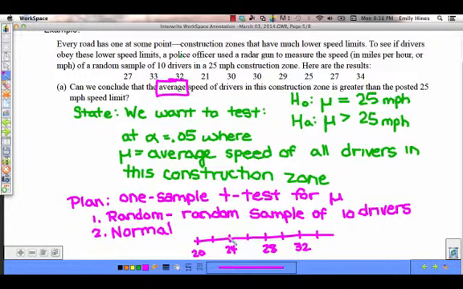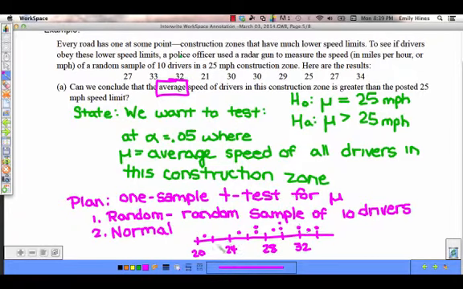Then we graph them. 27 would be here. 33 would be here. 32 would be here. 21 would be here. 30 would be here. 30 would be here, 29 would be here, 25 would be here, 27 would be here, and 34 would be here.